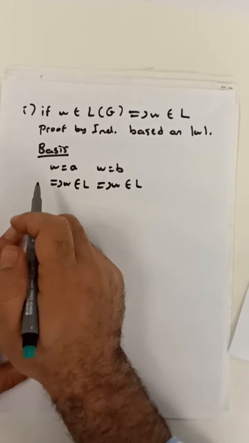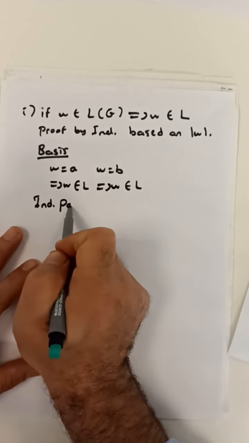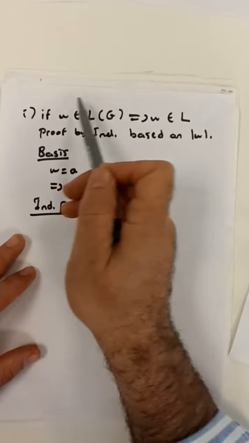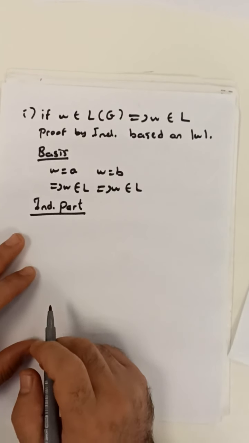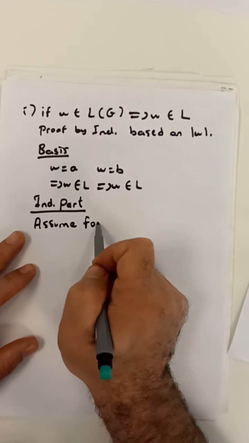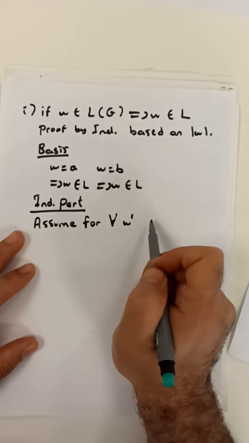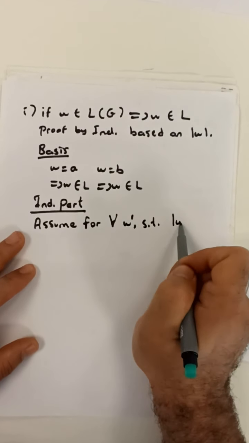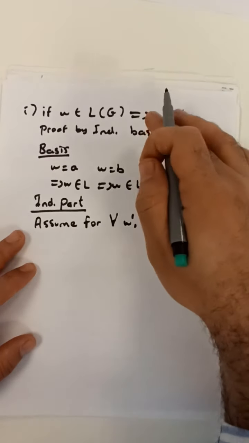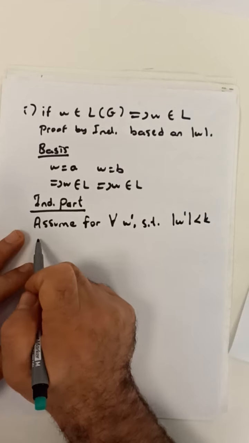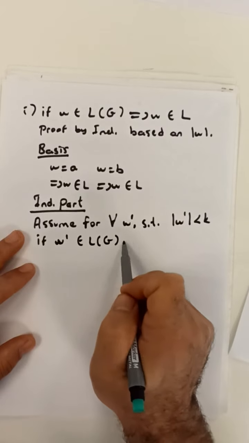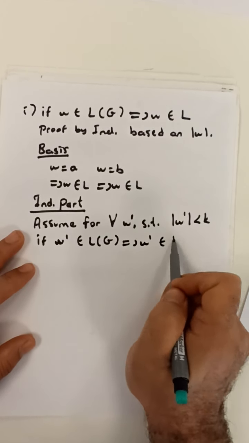For the inductive part of our proof, let's assume that this claim is true for all shorter strings. So assume for all strings W prime such that length of W prime is less than a certain length K, that this claim is true: if W prime belongs to the language of our grammar, then W prime already belongs to the language as well.